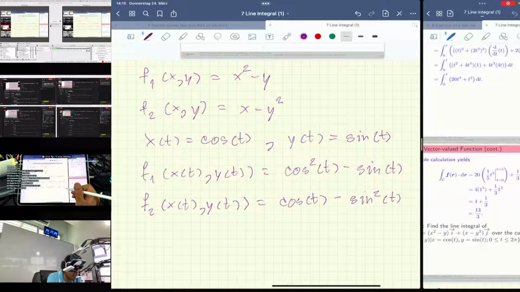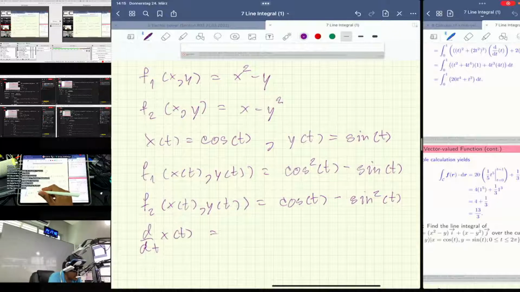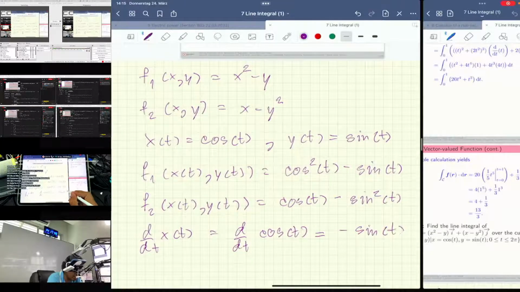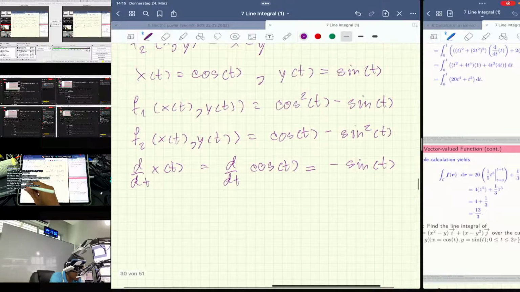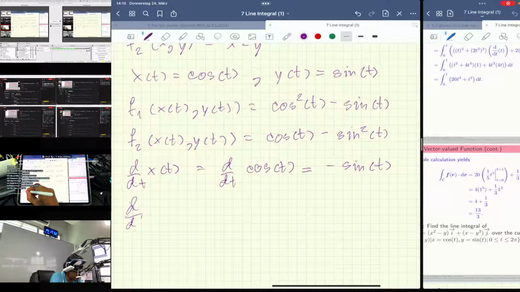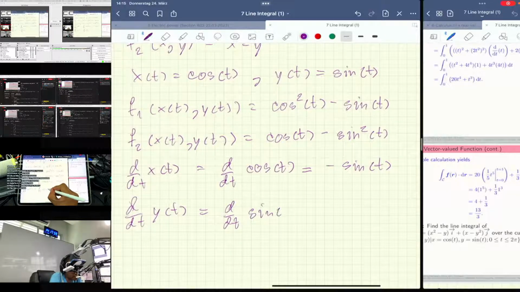All right. And we're going to find the derivative d/dt of x(t), which is d/dt of cos t, and that's negative sin t. Right. d/dt of y(t) will be d/dt of sin t, which is actually cos t.